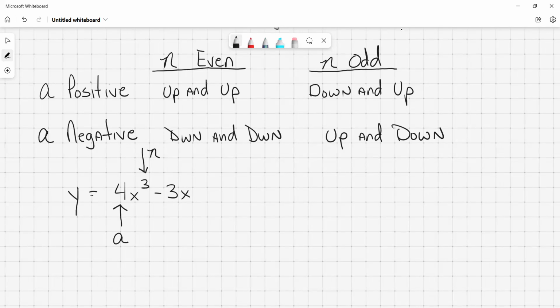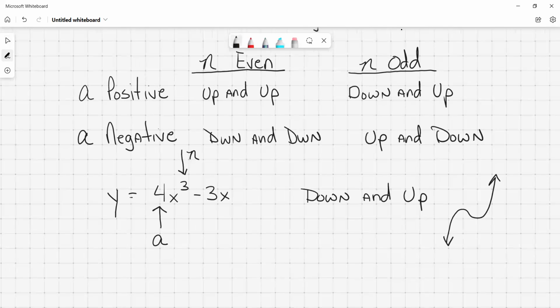And your n is odd. So what's the end behavior? Down and up. Down and up looks like this. a is positive. The 4 is positive. The exponent is odd. So a is positive, n is odd. That's down and up.